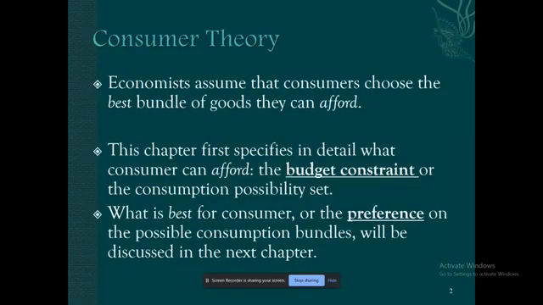As I have already discussed, economists assume that consumers choose their best bundle of goods they can afford, and this chapter first specifies in detail what a consumer can afford, the budget constraint or the consumption possibility set. What is best for the consumer, or the preference on the possible consumption bundle, will be discussed in the next lecture.